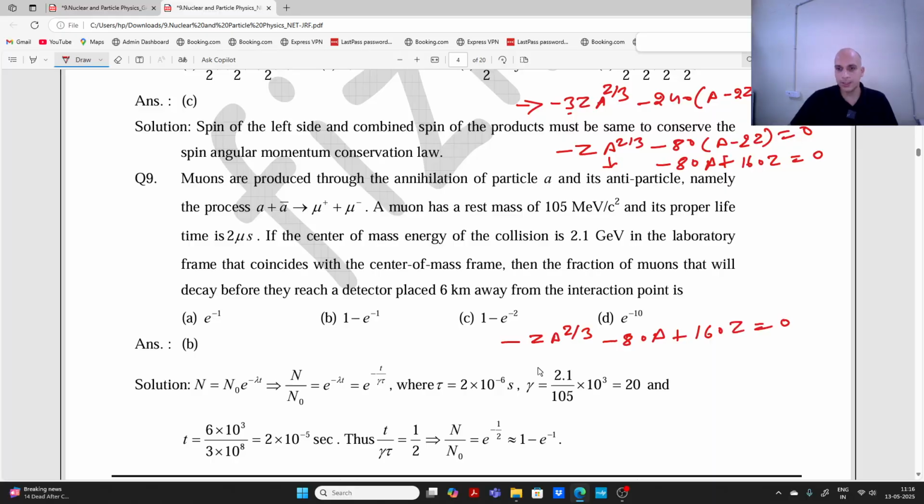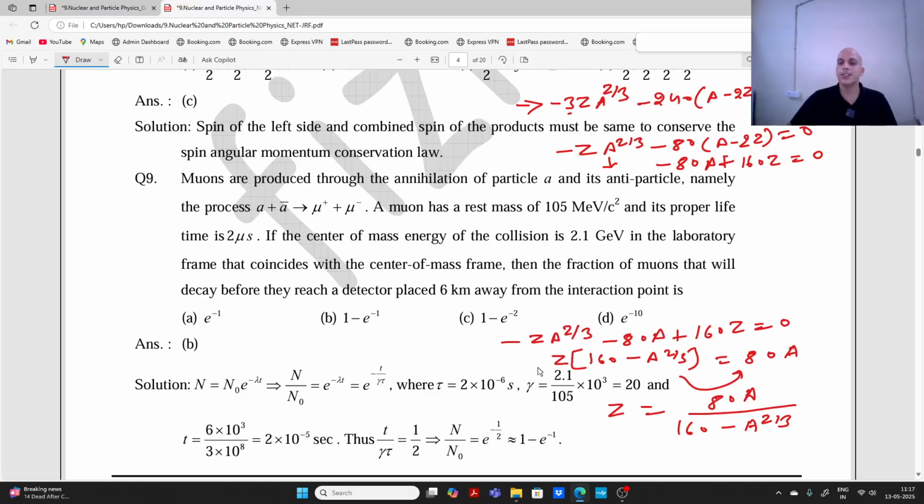So I can take z as common, z into 160 minus a power 2 by 3 is equal to 80 a, right. Now if I take this toward this side, it will give me z is equal to 80 a divided by 160 minus a power 2 by 3.